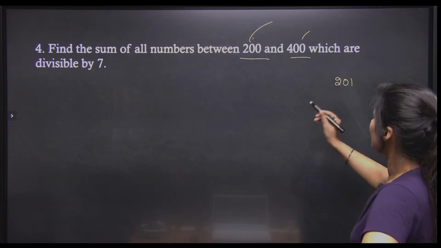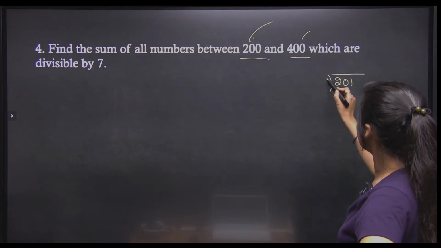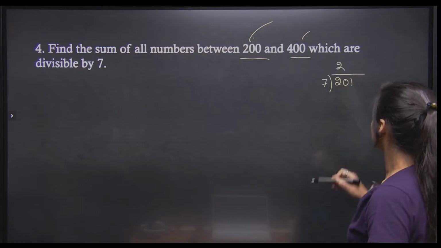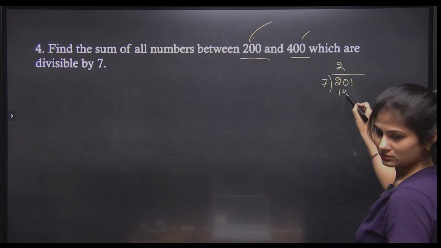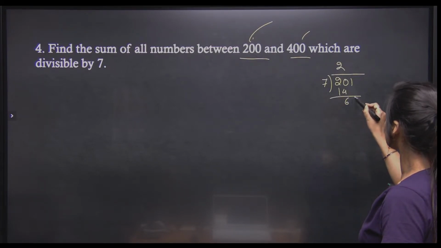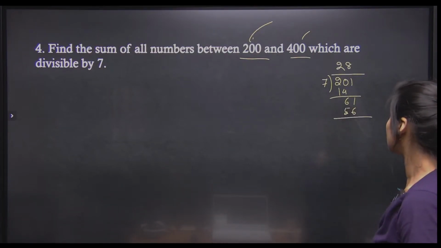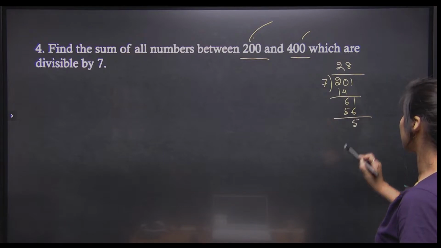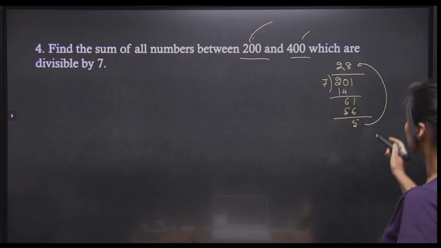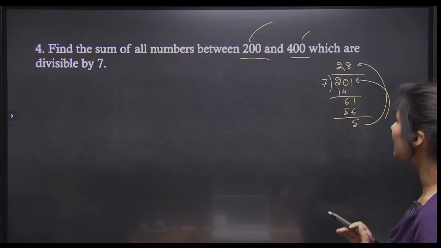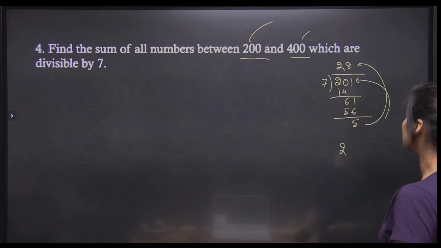Let us suppose it is 201, and let us check what the remainder is. See, here it is 5. So if I subtract 5 from this one, then it will come to something less than 200. That we don't want. So we have to consider another number.